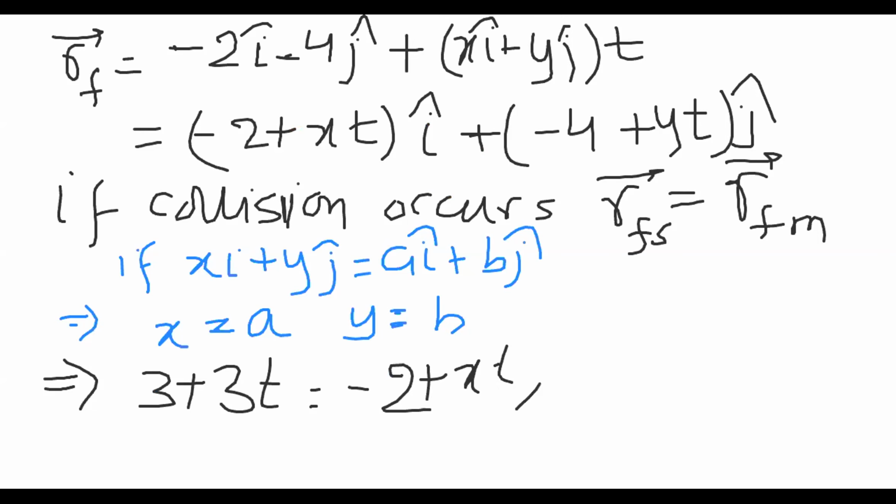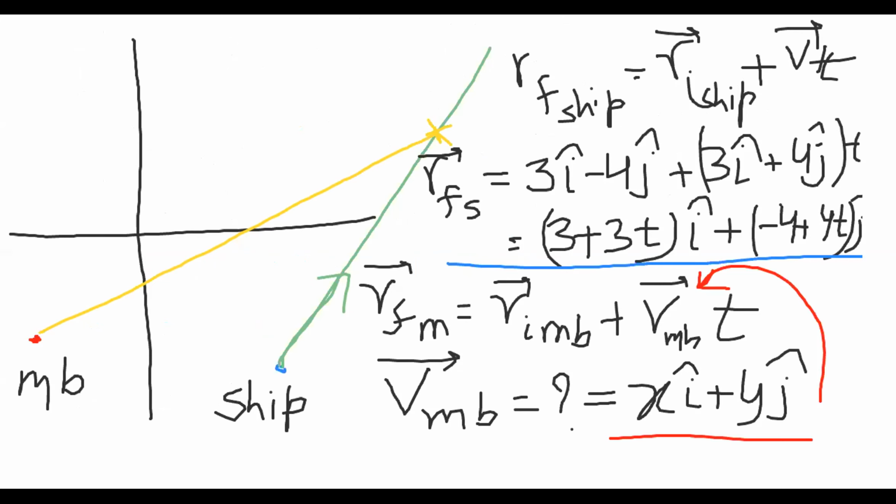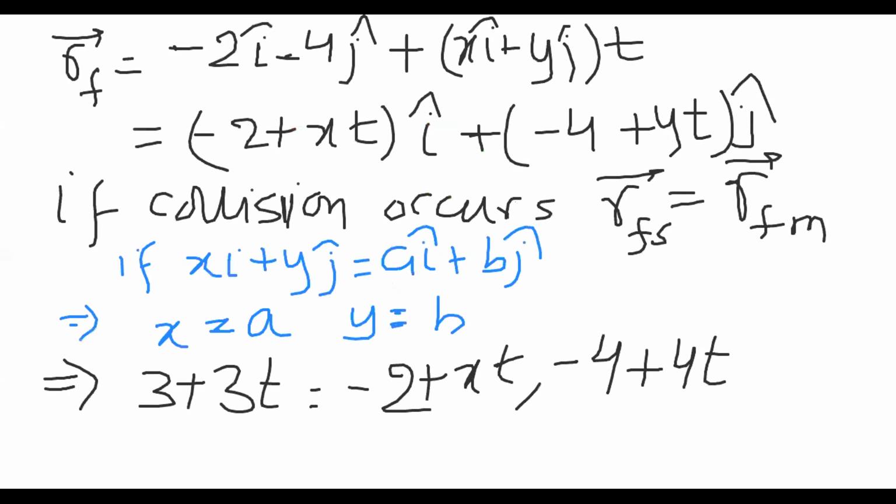And I'm going to get -4 plus 4t is equal to -4 plus yt.